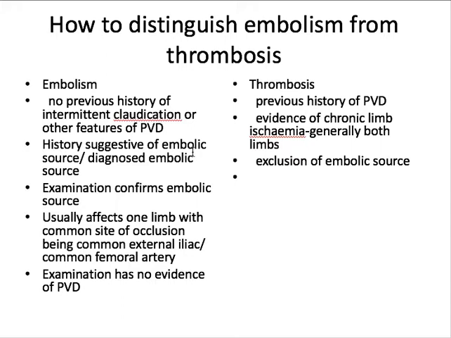And examination will confirm the embolic source, like a cardiac murmur or an abdominal aortic aneurysm. And generally, the commonest site of occlusion is the external iliac.